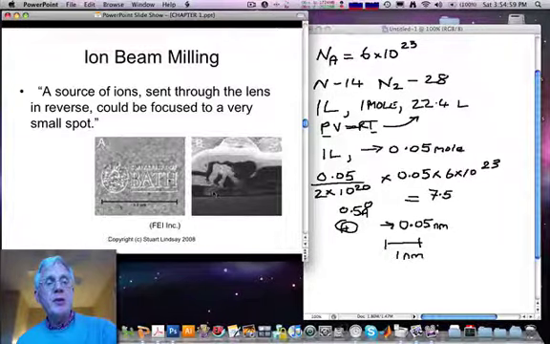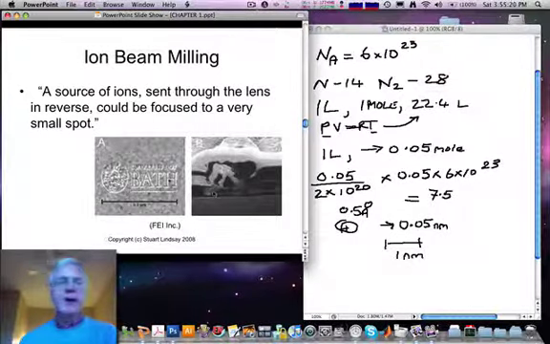And indeed, there is a machine available today, an ion beam mill, into which you can put a macroscopic picture of something you want to make, and let the mill work away and demagnify the picture using ion optics as opposed to electron optics. Same thing, just a different sign for the charge. And sure enough, you can make nanoscale structures.